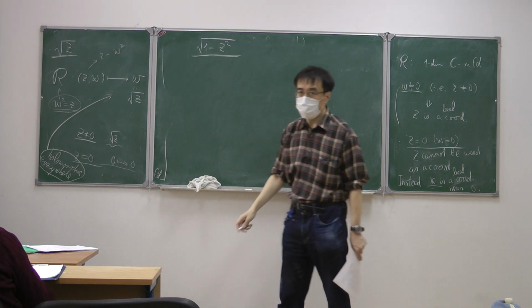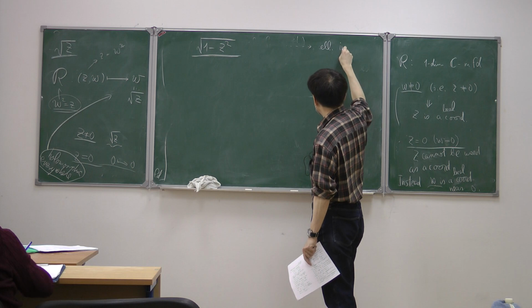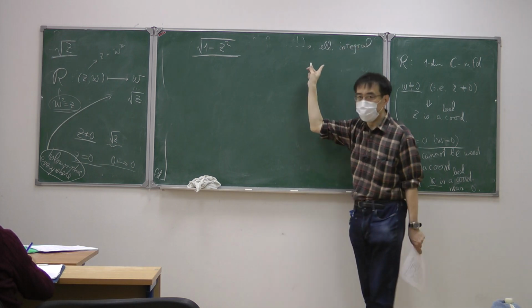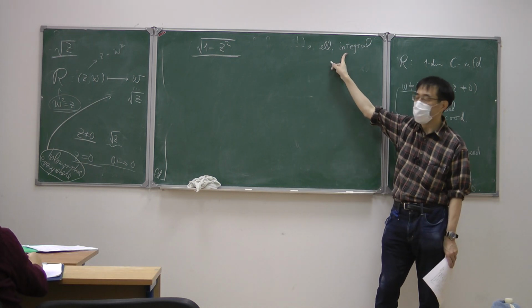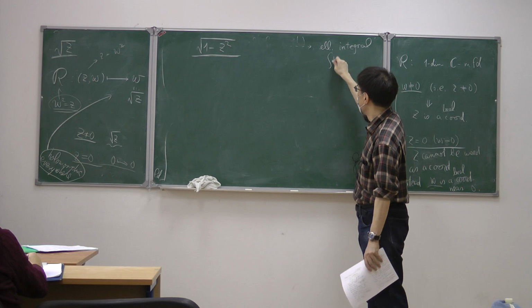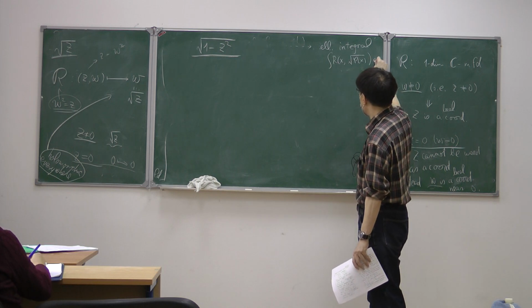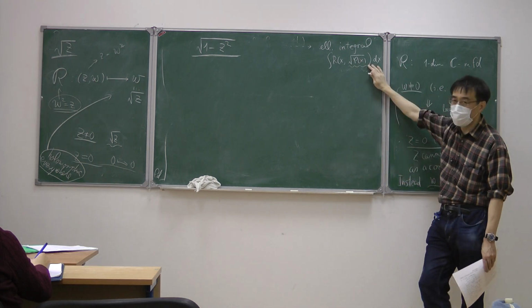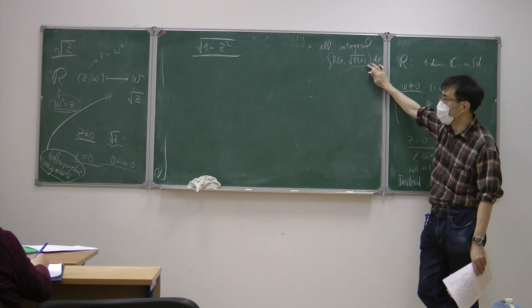Next example. The final goal, let us recall, is the elliptic integral. And we need a square root of a polynomial of degree 3 or 4.